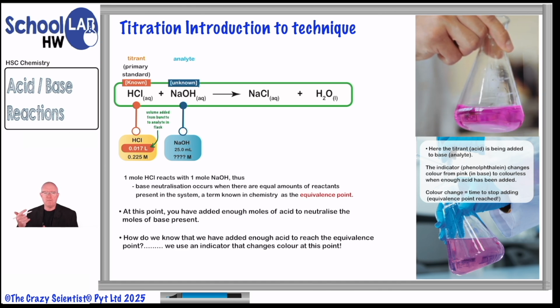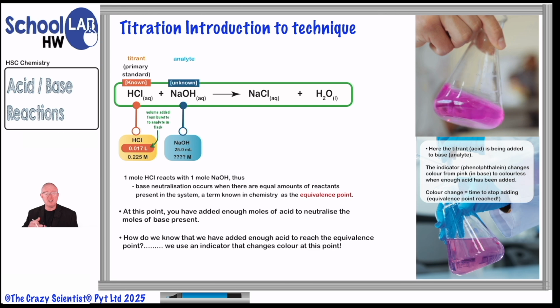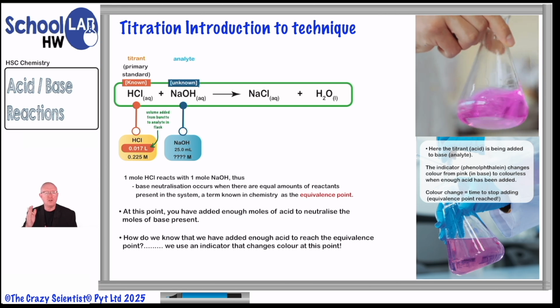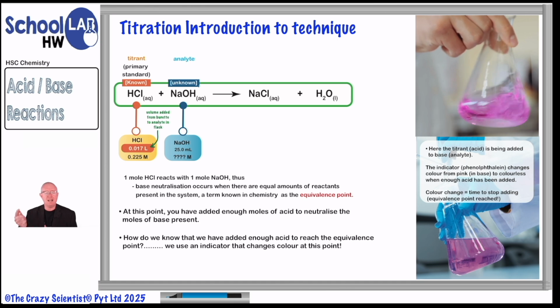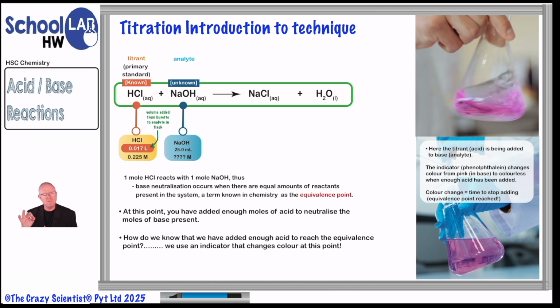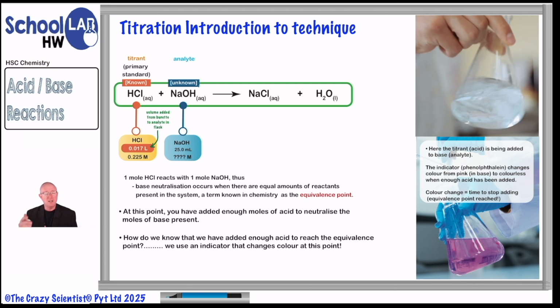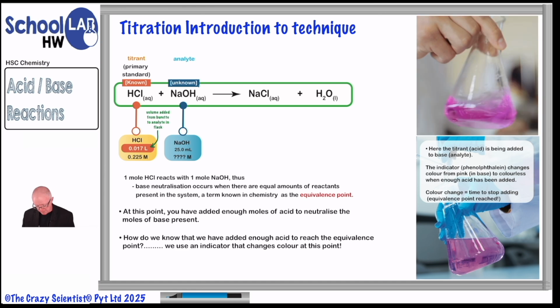When it reaches the point at which the neutralization reaction has completed, that is, we have completely neutralized all the OH minus in there by adding the acid, then the color will change from pink to colorless, and that tells us to stop adding the acid. Okay, and as you can see that's what happens. And so indicators are used to tell us when we have reached the equivalence point in the reaction.